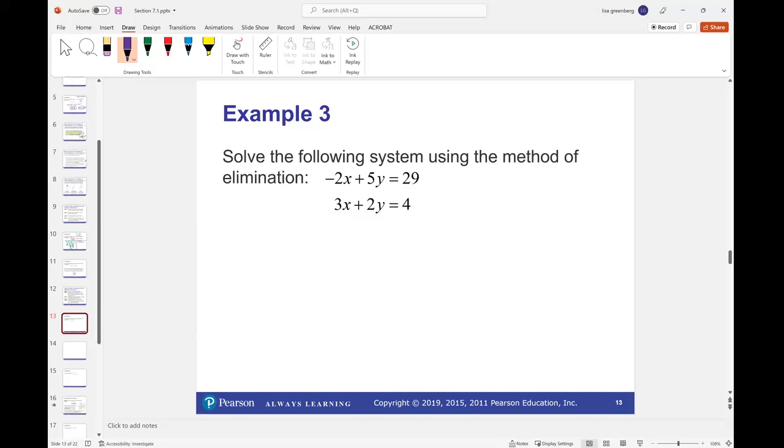Well, if we want to eliminate the x's, then we would have to deal with the -2 and the 3. If we wanted to eliminate the y's, then we would have to deal with the 5 and the 2. So I think what I might do is do it both ways so you can see what I mean. I usually pick the smaller values just to make it easier.